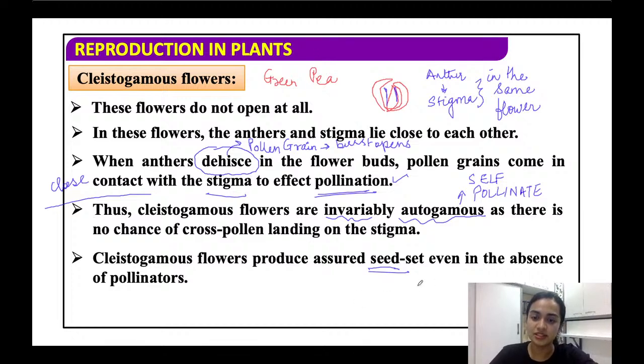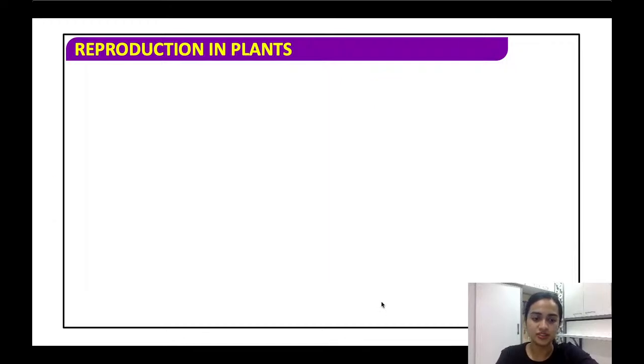There is a 100% chance of pollination, because during cross pollination we need to depend on insects, water, or air, a medium to move from one flower to another. Here both are in the same flower, so no medium is required.